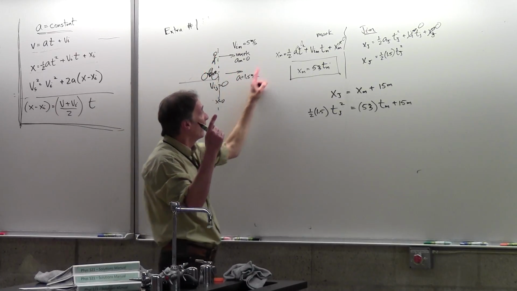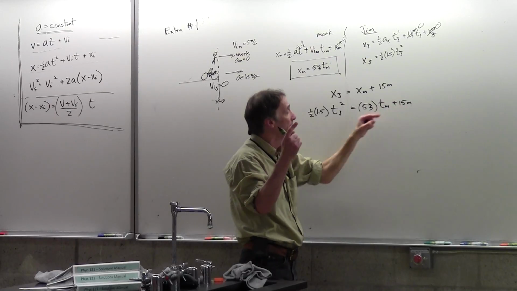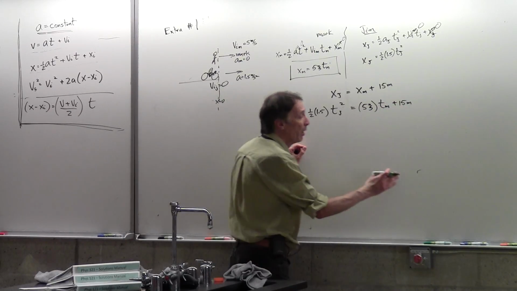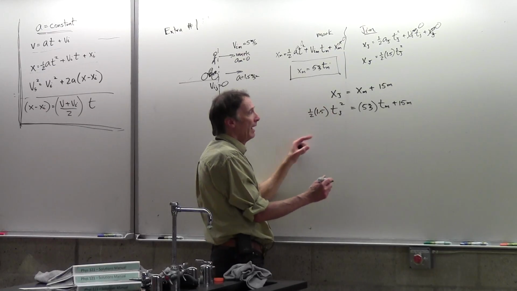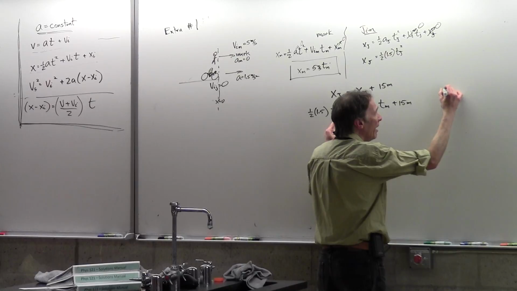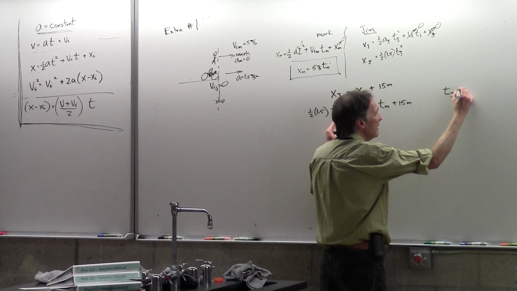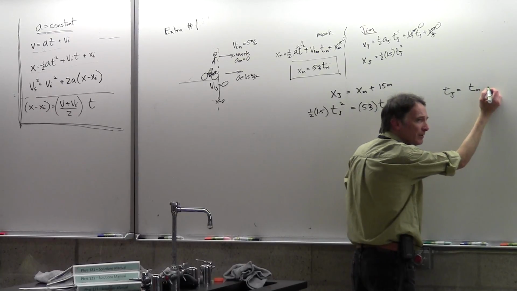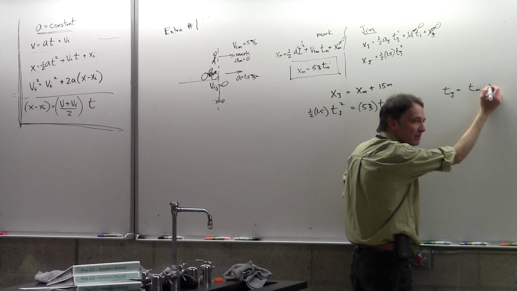And then when he finally catches up and gets in front of him, that's what he wants. So I think he actually wants Mark's time. So if we're going to relate these things, the time of Jim is equal to the time of Mark plus or minus 3 seconds.